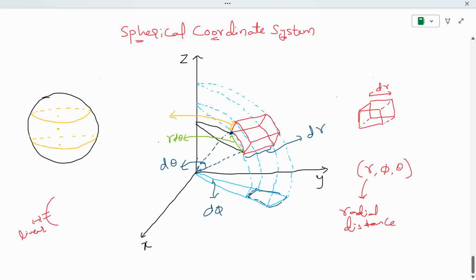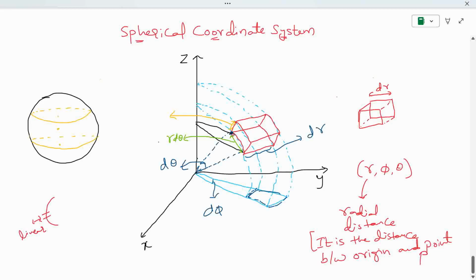Basically, this radial distance is calculated from the origin to the point P. The magnitude of this r, whichever we write in here, is equal to the distance between the origin in the Cartesian coordinates and the point P, whichever we consider.